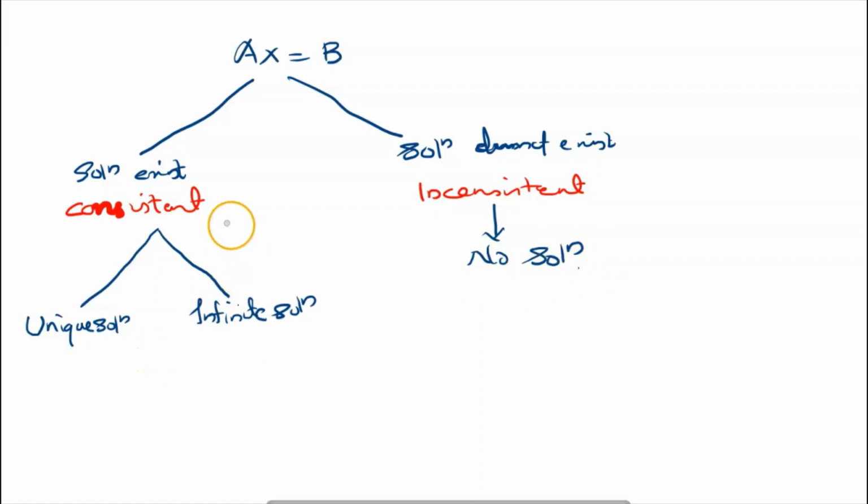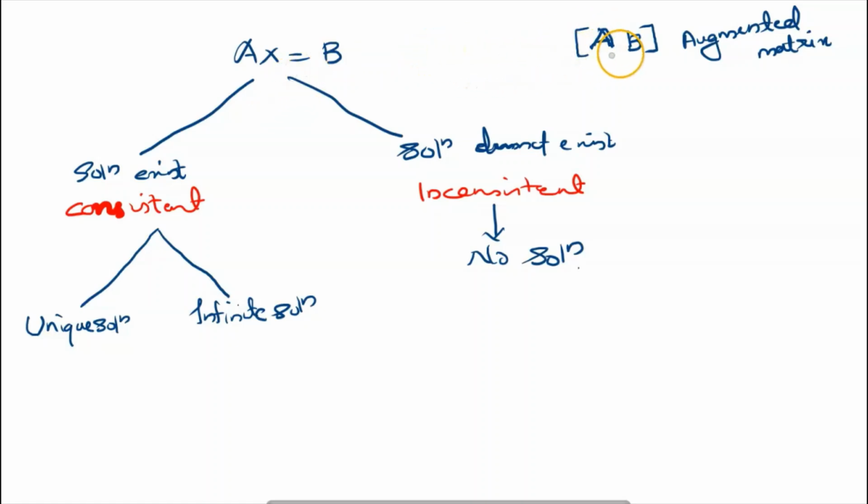And for the condition of the system using the rank of the matrix, we consider the coefficient matrix A, together with the column matrix B as the last column, that is b1, b2, etc., bn. This matrix is called the augmented matrix.